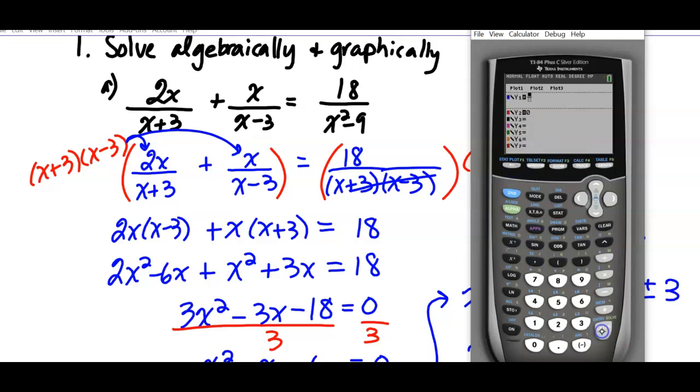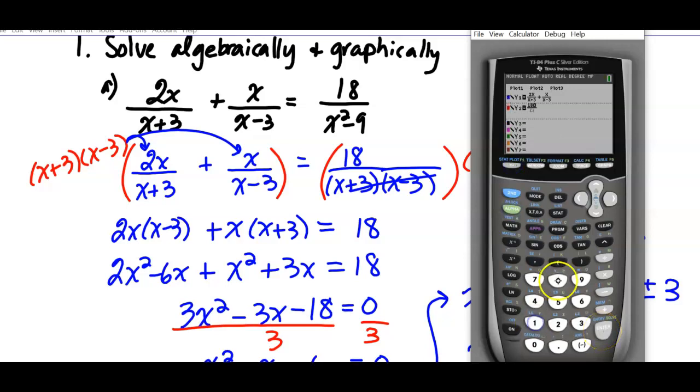Now, newer calculators, I'm going to use the fraction. It makes it a lot easier. You don't have to worry about brackets around numerators and denominators. Okay, so that's the left side. Right side is 18. I'm not going to put the factored form.